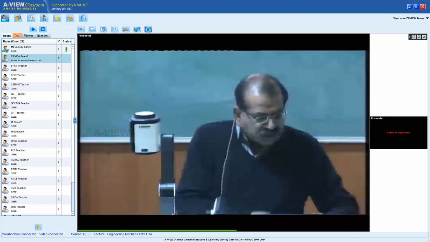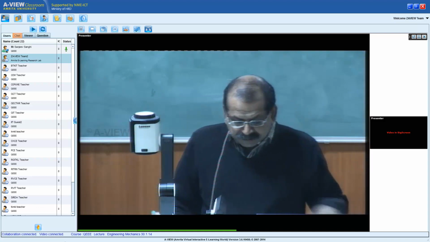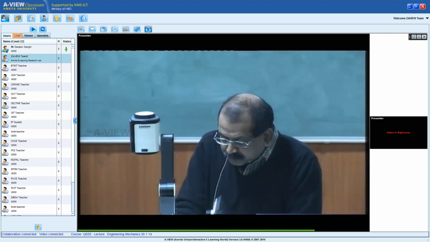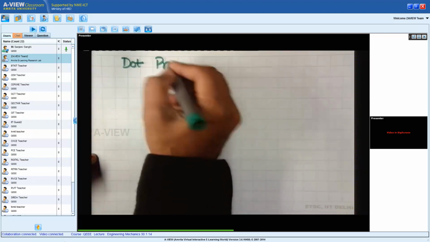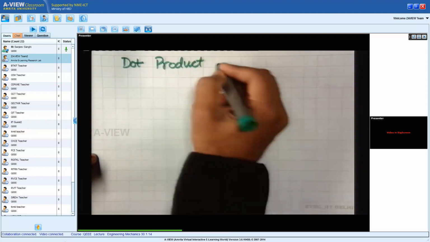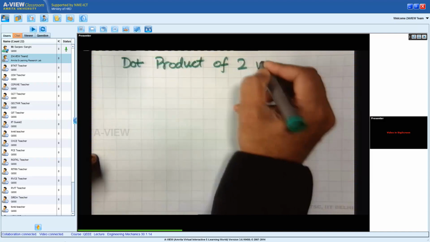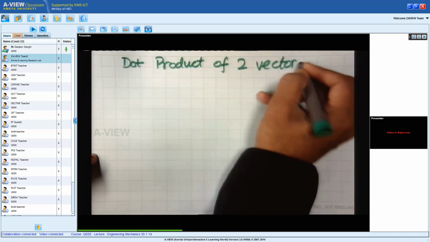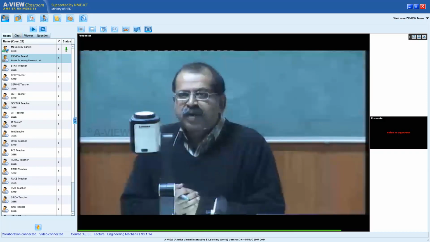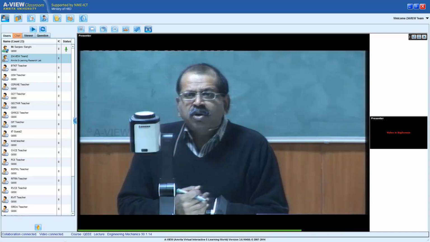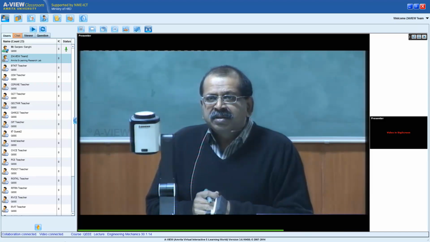So having discussed the concept of a unit vector, let me now introduce the dot product of two vectors. Yesterday in the vector operations, we looked at addition of vectors, we looked at subtraction of vectors, but we did not talk of a multiplication of vectors.